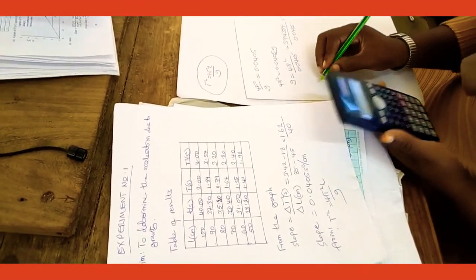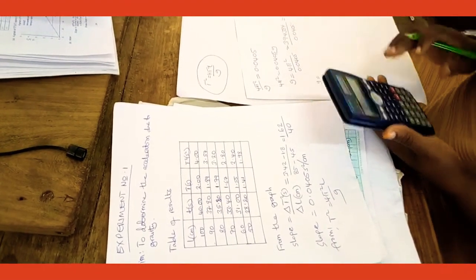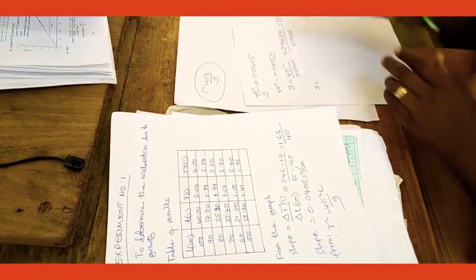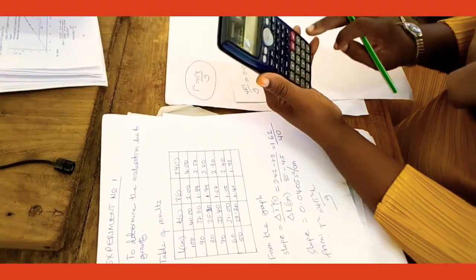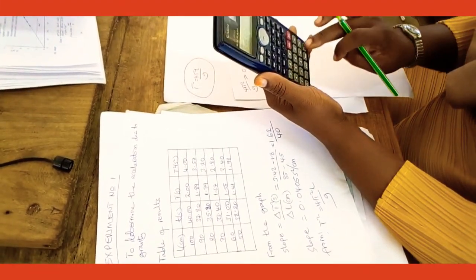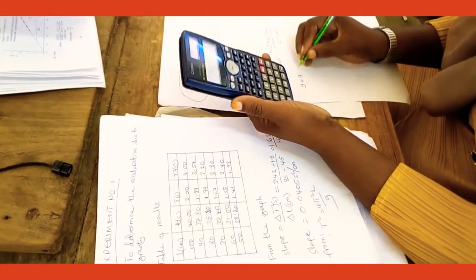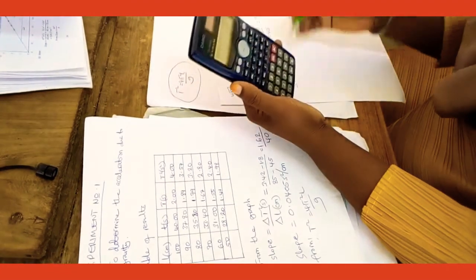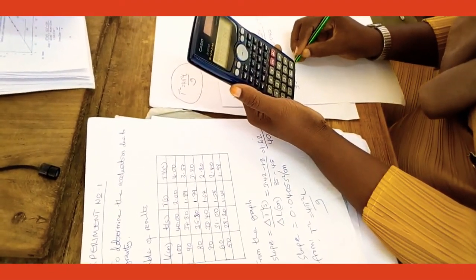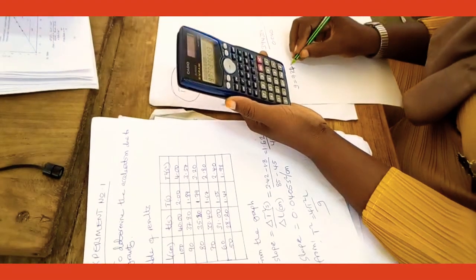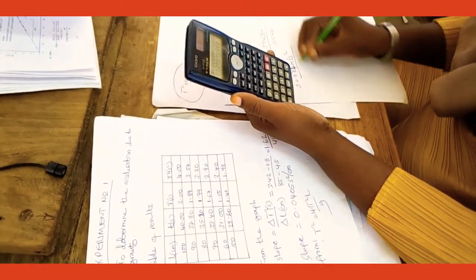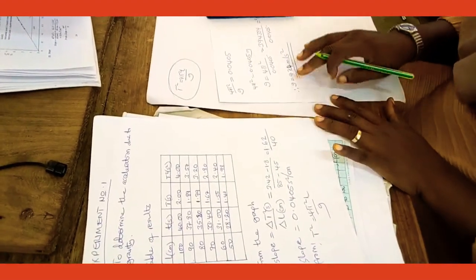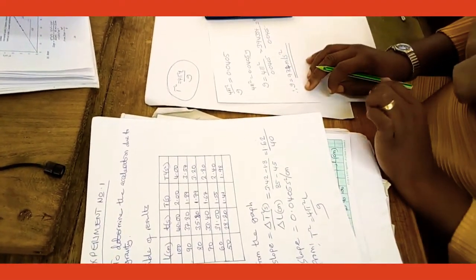So in terms of meter per second squared, we multiply by 10 power negative 2, and it is 9.74 meter per second squared. So therefore, the value of g, according to me, is 9.74.